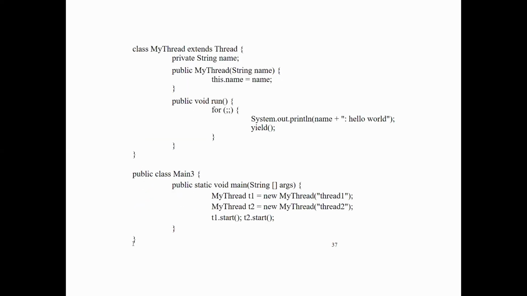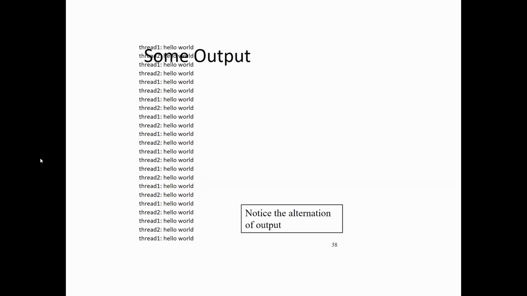Without yield, there will be several thread 2, several thread 1. Why? Because without yield, the loop is running for 20 milliseconds, so probably 100 times some printouts. But with yield, one by one thread will be run. So notice the alternation of output, one by one.